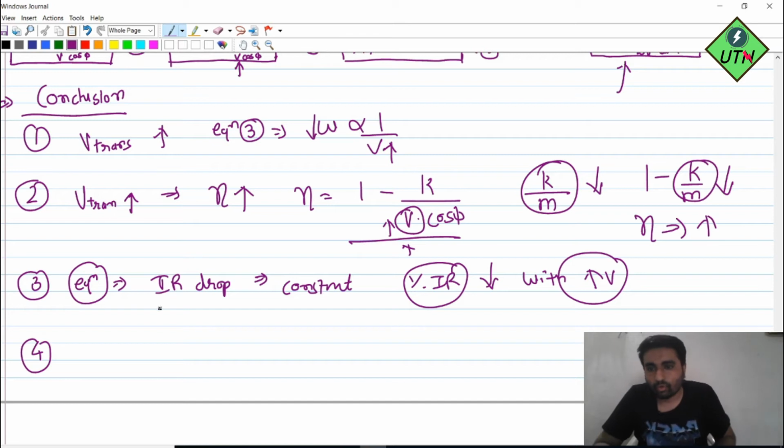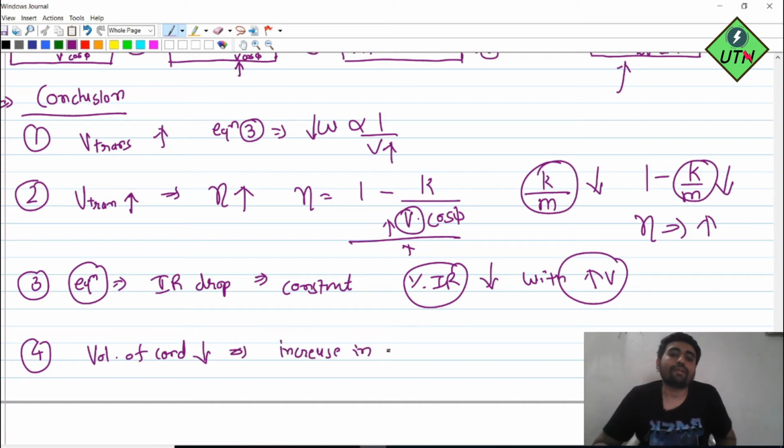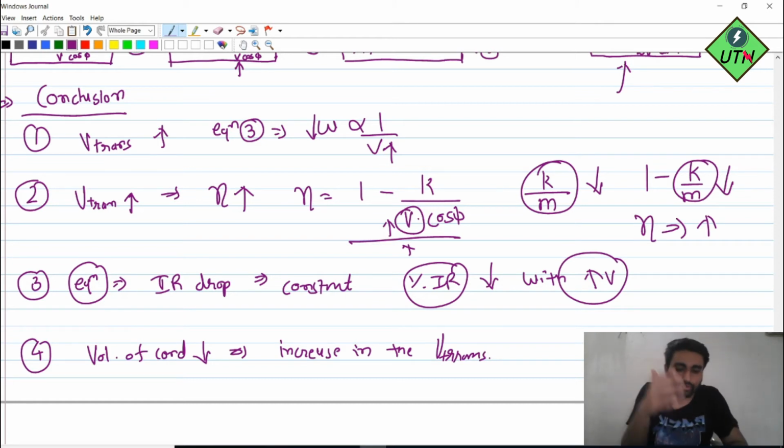So the volume of the conductor will reduce with the increase in the voltage. If the volume is reducing, that means we will get a lesser cost for the conductor that we are going to use to transmit our power.